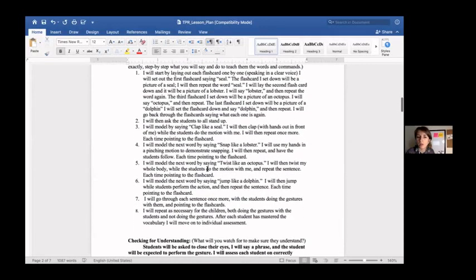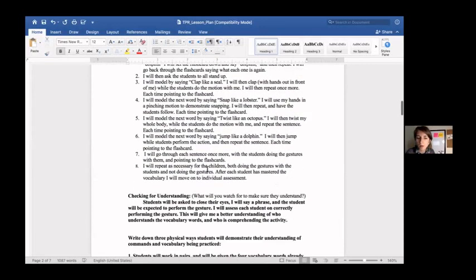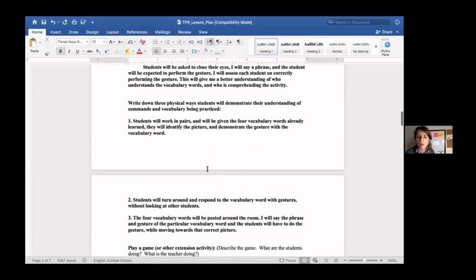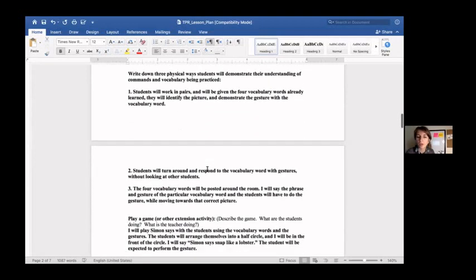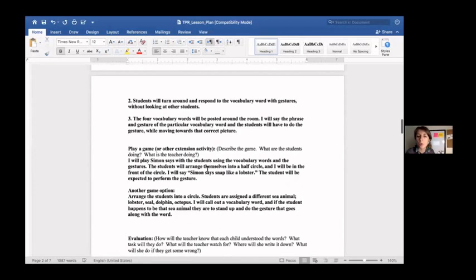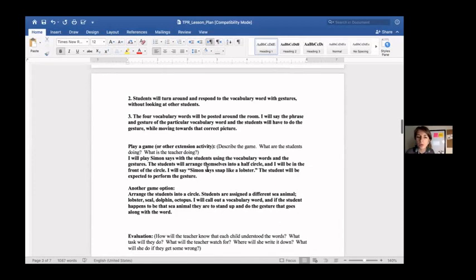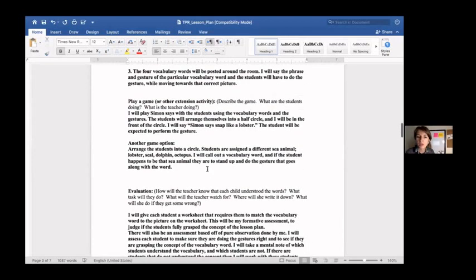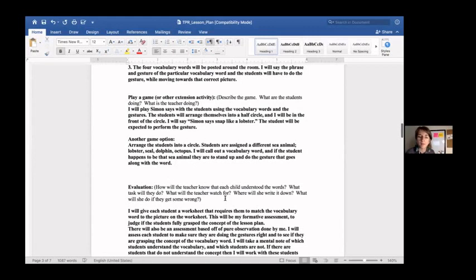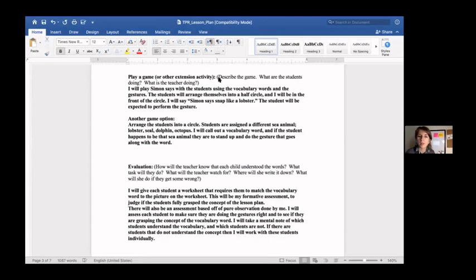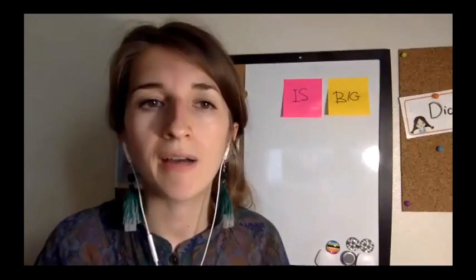Here, this is really descriptive, but you don't have to be that descriptive. You just want to plan ahead, like what do you do in order to teach students this target vocabulary? And then there is a game also included, so you'll get that file.